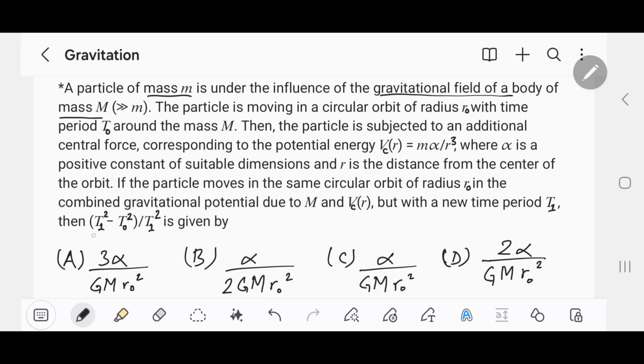We need to find out the value of t1 square minus t naught square by t1 square.